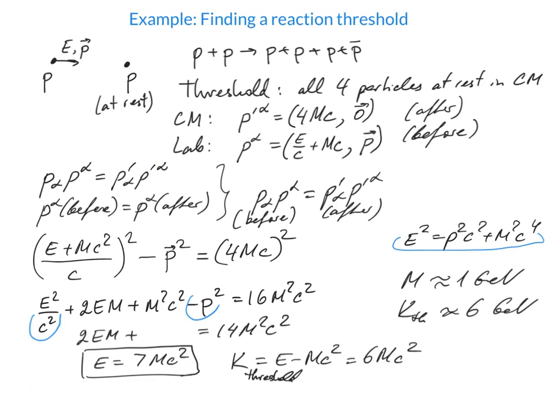This concludes this lecture on the relativistic mechanics. We worked out the equation of motion for a free particle and the generalization of the energy and momentum to the relativistic case. And we saw an example of how energy and momentum conservation can be used to find a reaction threshold.